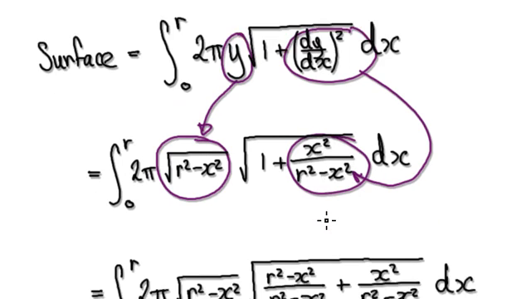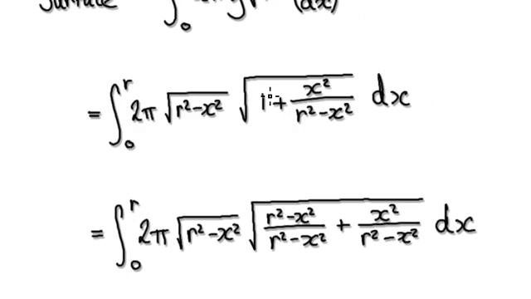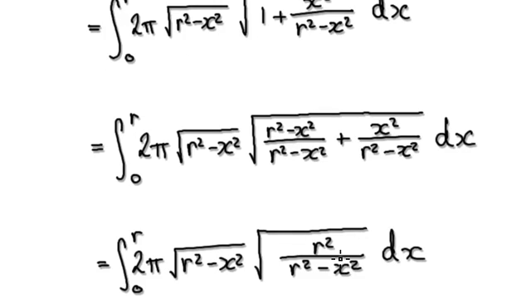So now just tidy up everything. Imagine the 1 as this. This is 1 because exactly the same divided by exactly the same must equal 1. This is exactly the same as this, with the same denominator, so you can merge the two fractions. That will then give you this.